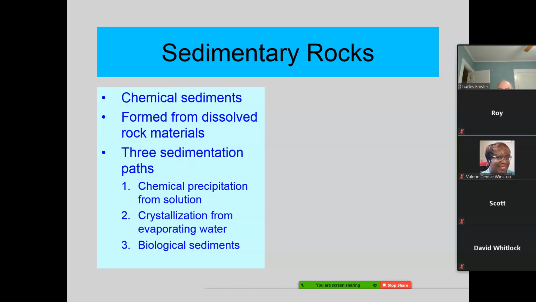Now one other, and this is a little shaky on my part, is biological sediments. Now, remember, biological things would not be classified as minerals, but these biological sediments could be classified as rocks. Because remember back when we defined what a rock was, I'm going to fly back there quickly.